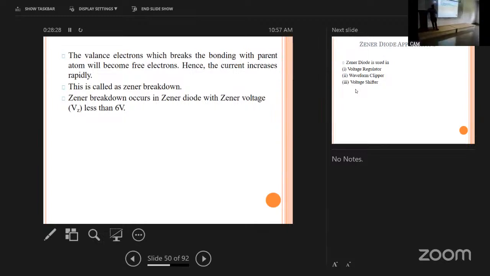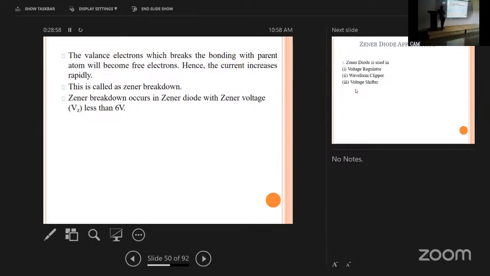Part B, Unit 3: digital electronics, everything is over except flip-flops. And Unit 2: block diagram representation of DC power supply, working of full wave bridge rectifier, which is over. Capacitor filter working is not over.